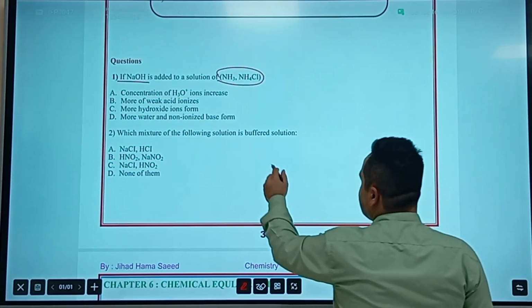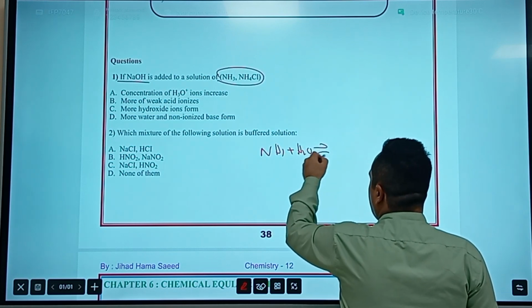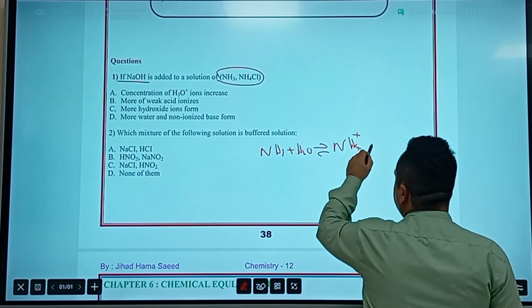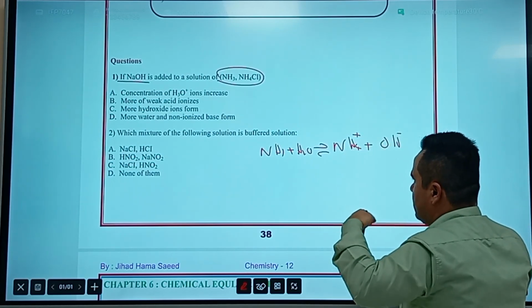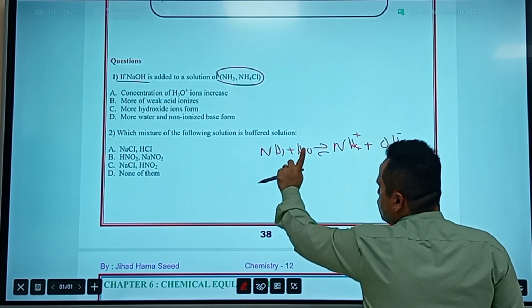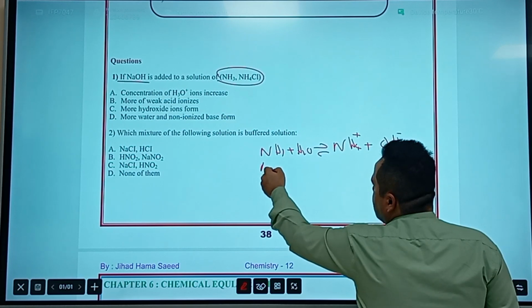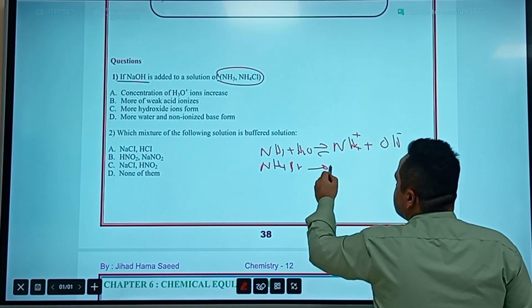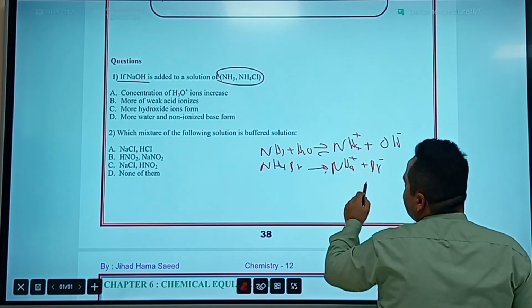So in this case, guys, NH3 plus H2O will produce NH4 positive plus hydroxide. If we add, of course, this should be with the salt, for example NH4Br, which will produce NH4 positive plus Br negative.